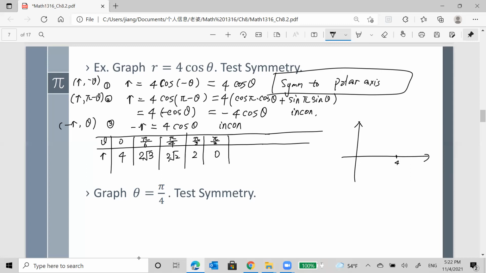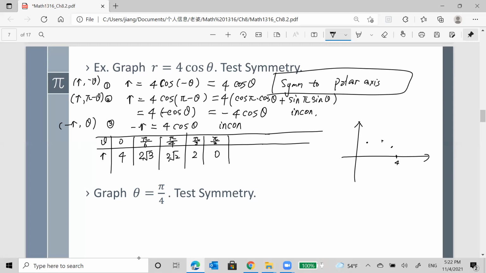The second one, the angle is like this, 30 degrees, and the distance from the pole is 2 times square root of 3. The next point is pi over 4, the angle is like this, and the distance is 2 times square root of 2. The next point is 60 degrees, about here, and the distance is 2.